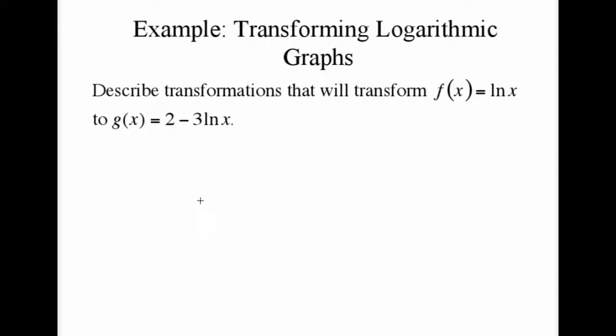What we know is that here is the actual function part of this, natural log of x. If we are multiplying the natural log of x by 3, we know that's going to involve a vertical stretch. Now the 3 is negative, so that's also going to involve an x-axis reflection. And then we have this other 2 here.